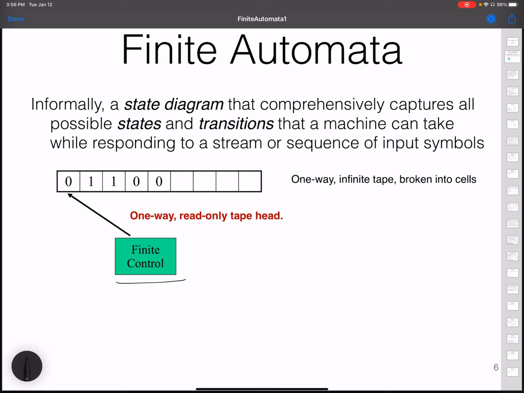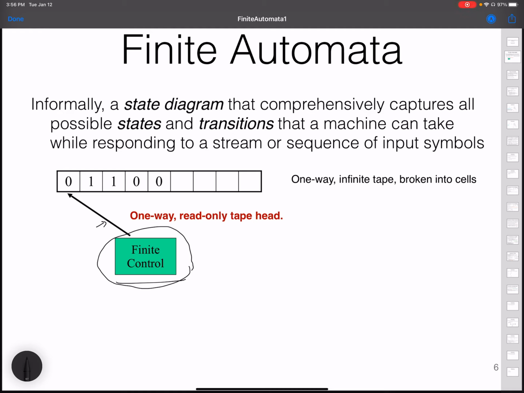It also has access to this head that reads the input from a tape, and we should think about it as a small CPU that can do some computation. Basically, it only has states and some access to reading the input. It doesn't have any memory, actually. You should think about it in this way: there is no actual memory except the states that have been written in this finite control.